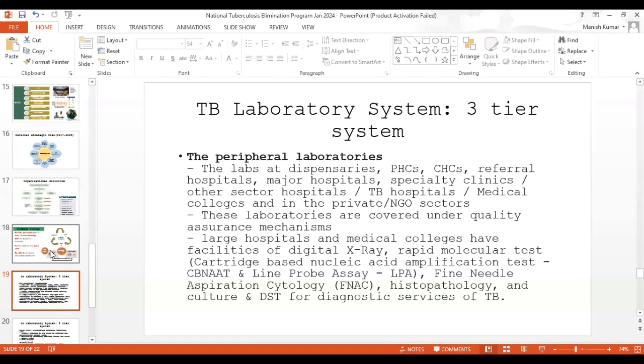My question is still unanswered. Under Nikshay Mitra, you are saying TB patients are being provided a food basket, right? Yes. So who is bearing the cost of that food basket? Government?